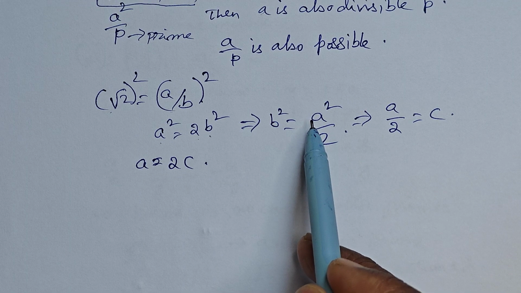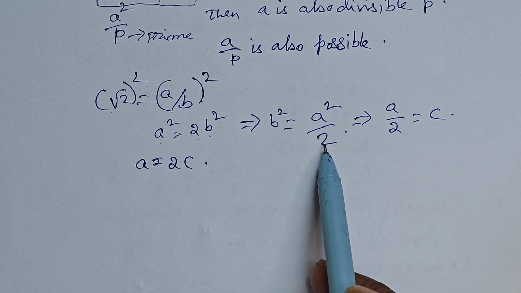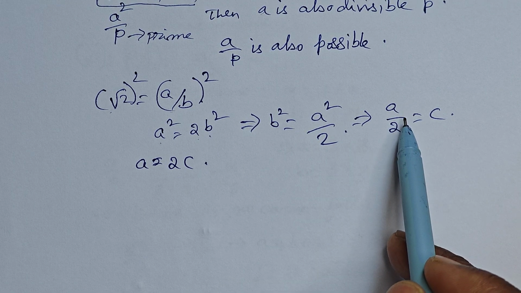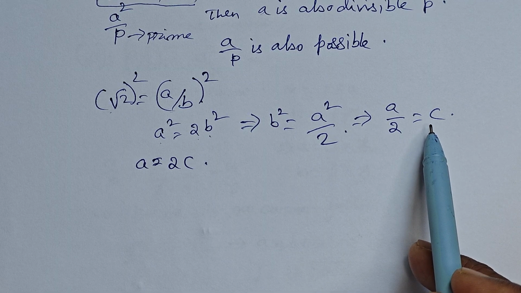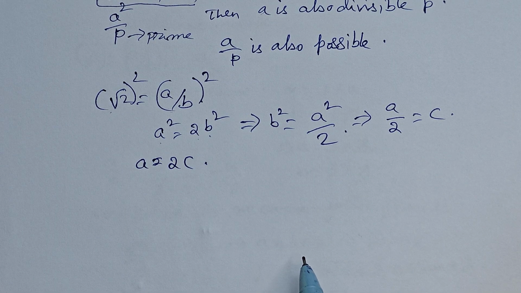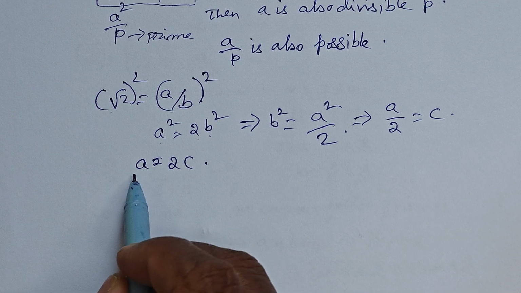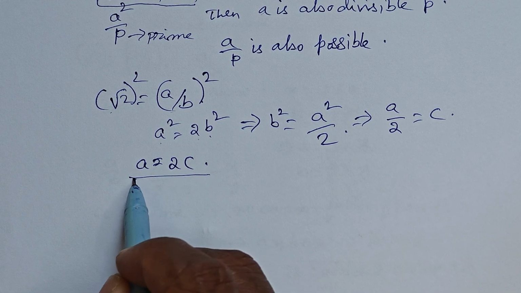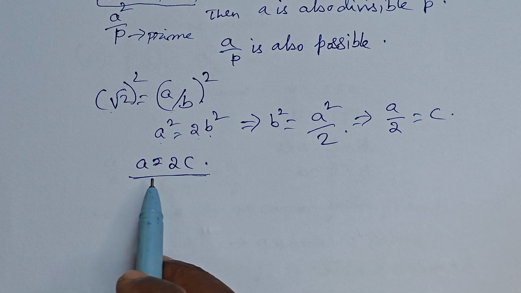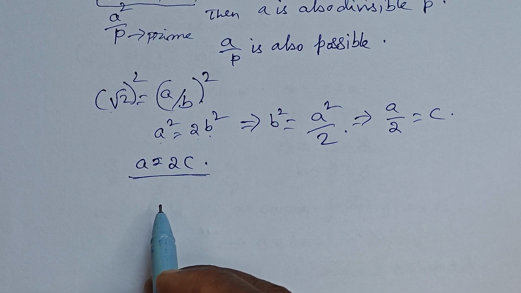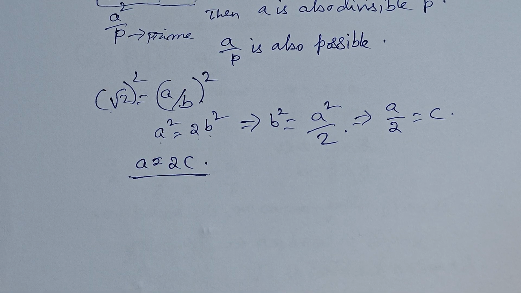I am thinking that a square is divisible by a prime called 2, so a by 2 is also possible. Let us assume that value is some c. That gives a is equal to 2c. We will replace it in the given equation. Till that point, are we clear?